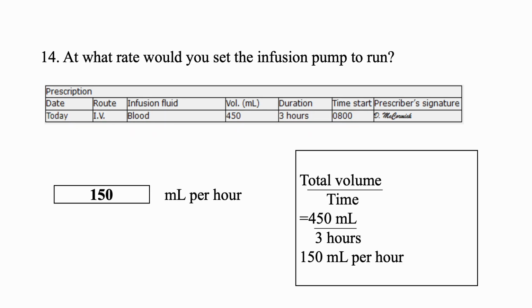To calculate the rate, we need total volume and duration, these two. So total volume divided by time: total volume is 450 ml and time is 3 hours. If you divide these two, your answer will be 150 ml per hour.